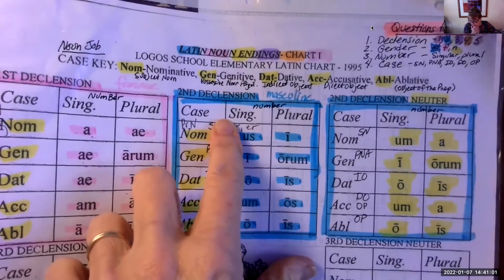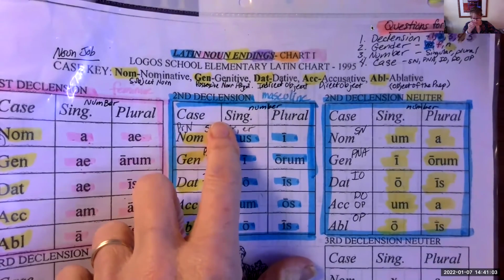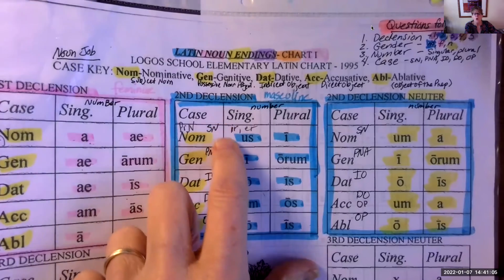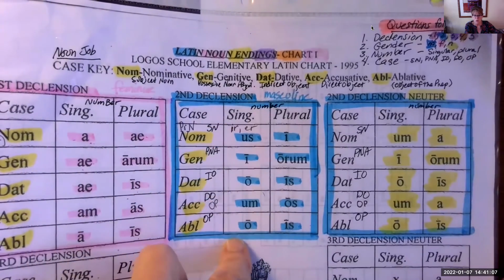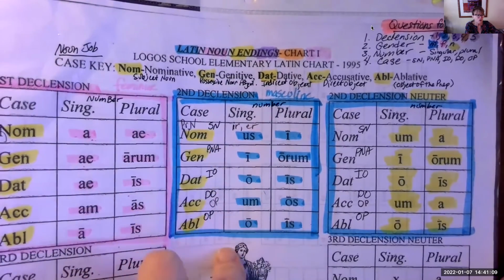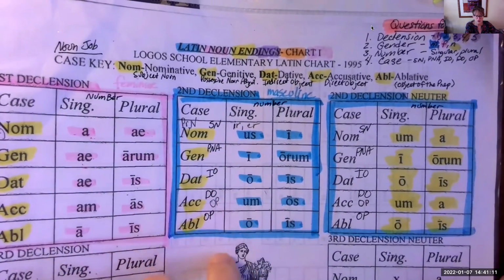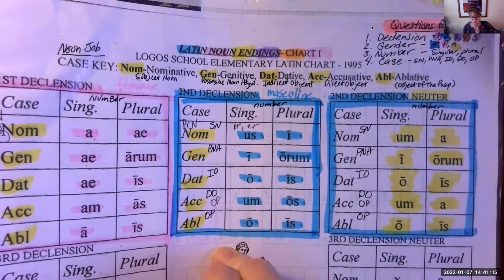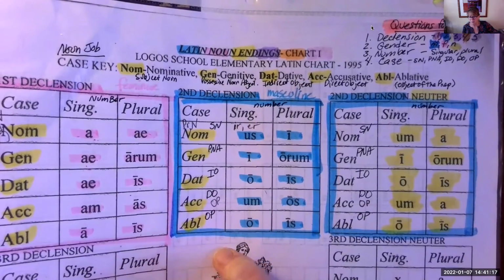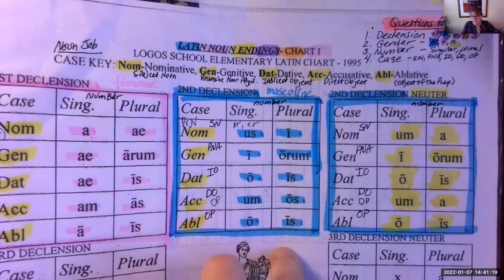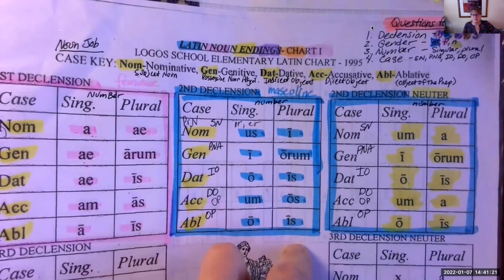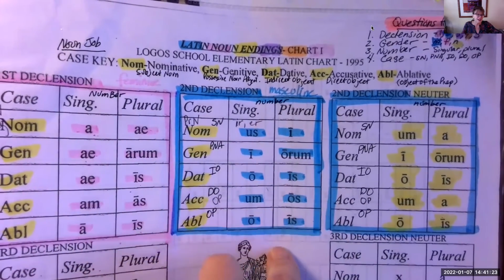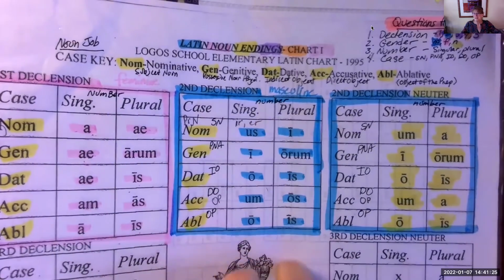And then for second declension, they used Jingle Bells. Really, they just kept singing that? Okay, that sounds repetitive. I'm going to go i, orum, is, os, is.